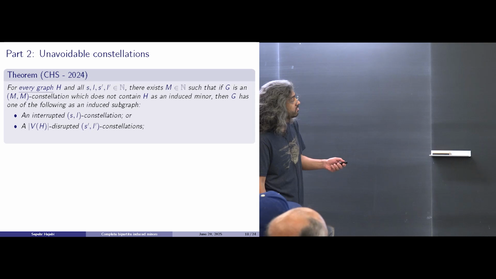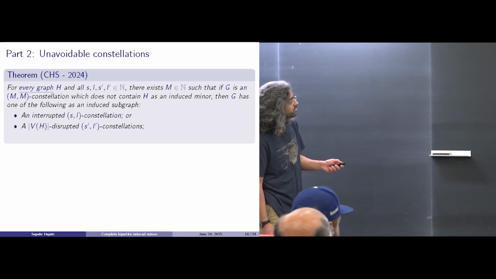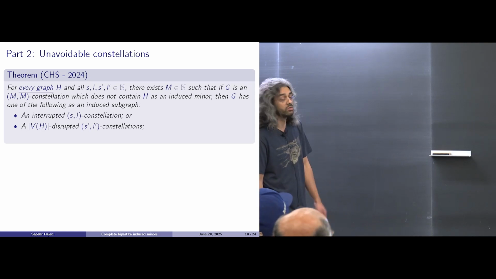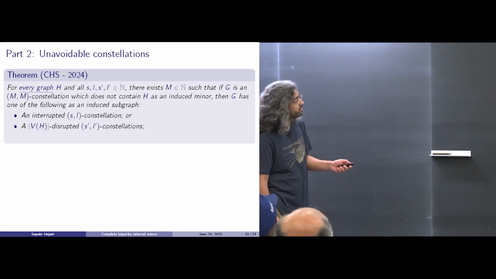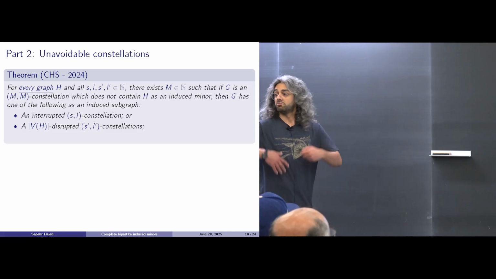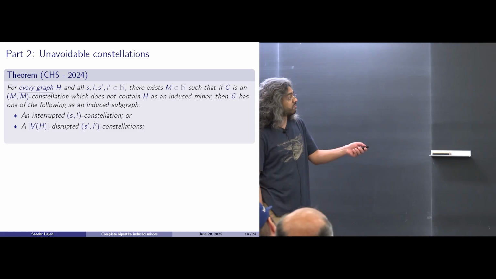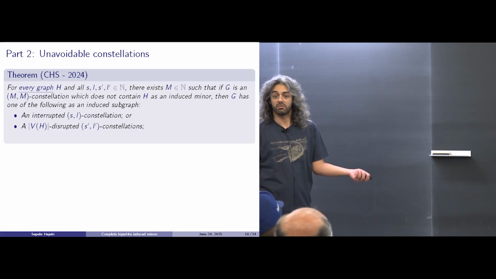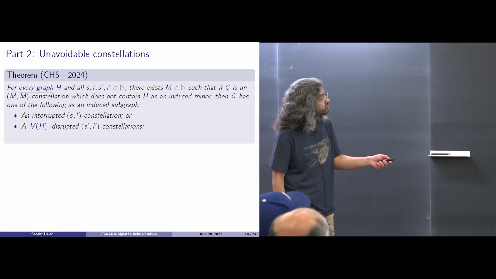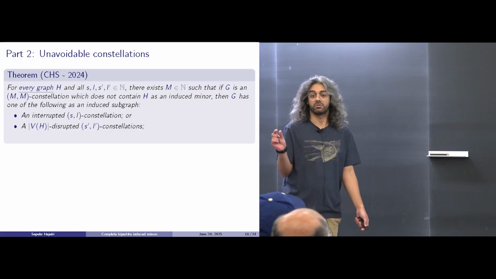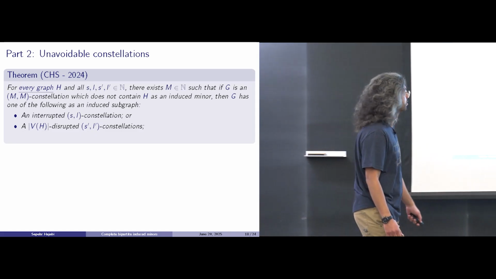And disrupted here is parameterized, and the parameter is the number of vertices of the graph H you started with. So you need to think about the size of the constellation here, S prime and L prime, to be just gigantically larger than the number of vertices of H or any function of that. So you get to have a huge, huge constellation that is just a little disrupted.